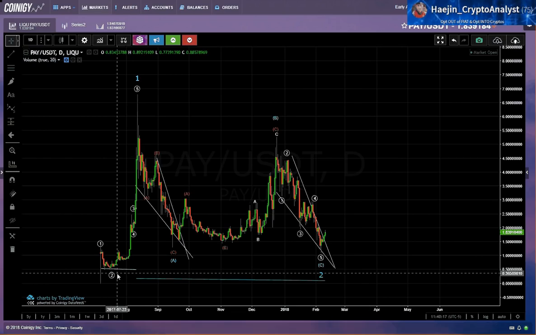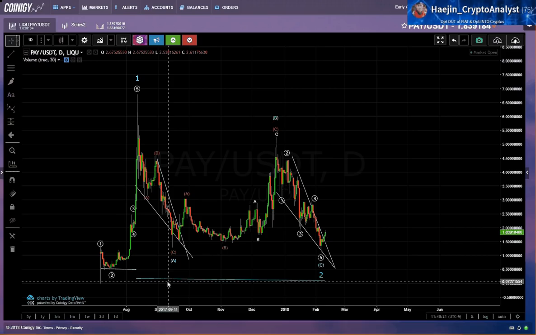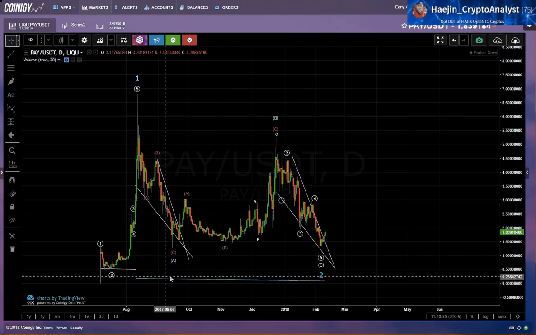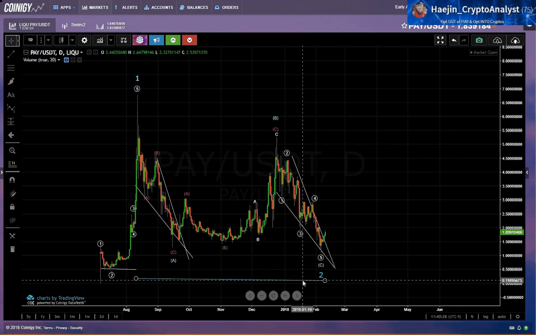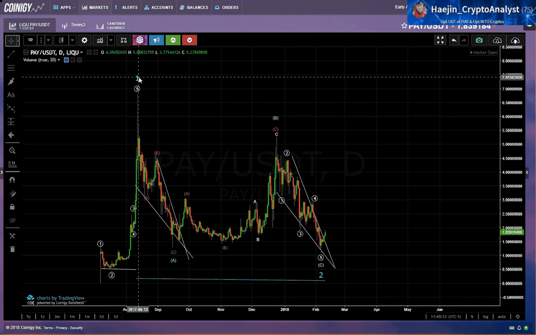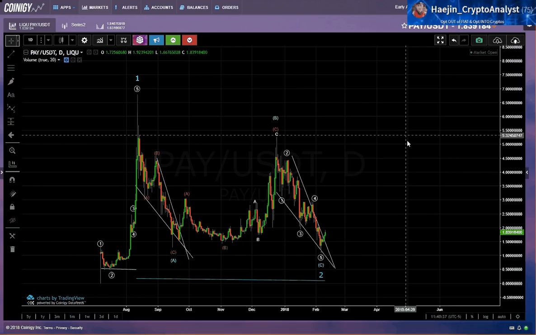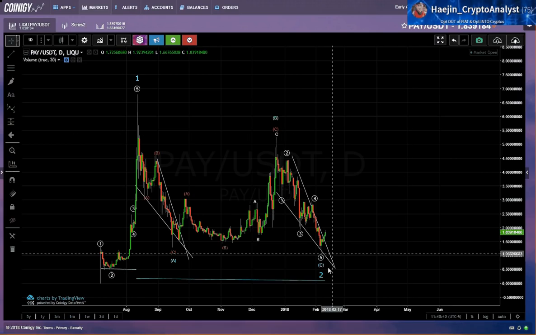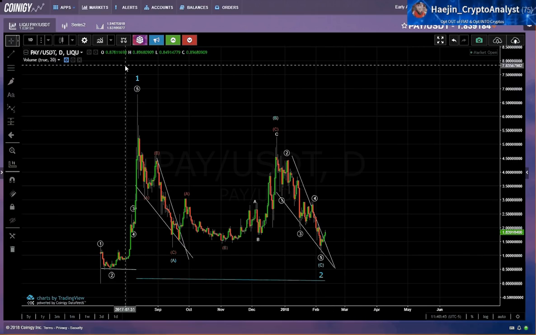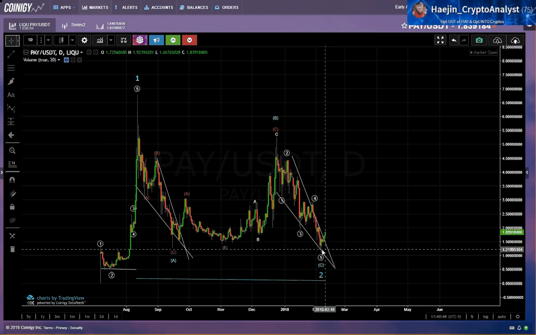So that from a hurry up and wait perspective, the ratio of the time taken for the correction is approximately 5.5 times as long as it took for the impulse waves 1, 2, 3, 4, 5. Here's what's exciting. If the correction is done and we are now doing another second round of impulse, they're not going to waste any time. This is going to go near vertical again.